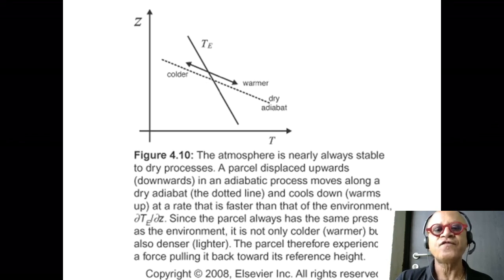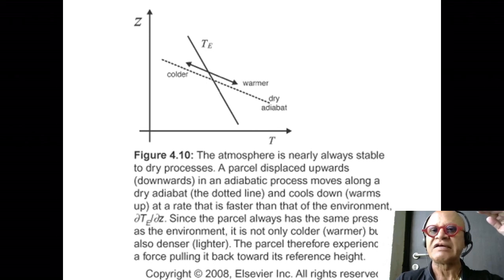And if you move the parcel away from the environment towards a warmer temperature along the dry adiabat, because it's a dry air parcel and will move along the dry adiabat, it'll get warmer and lighter, so it'll move back towards the environmental profile. That's all. Move here, you get heavier, you want to come back to the environmental profile. Move this way, you get warmer and lighter, and you want to come back to the environmental profile to the appropriate buoyancy level.